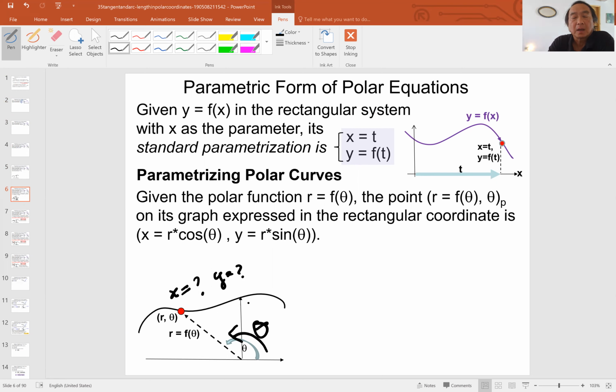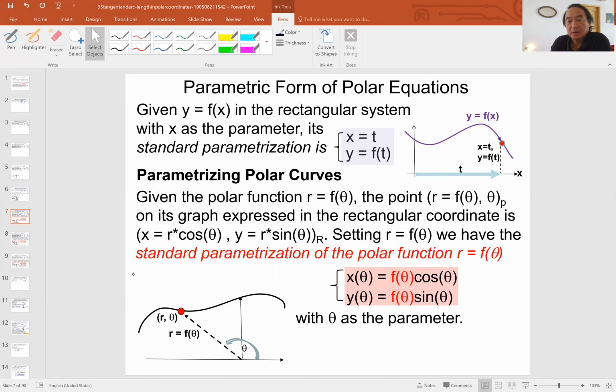In this case, x is r cosine theta, y is r sine theta. So we replace the r by the formula f. Now I get what we call the standard parameterization of polar coordinates for polar functions. That is a formula between r and theta, and the reason we do this is because we're going to take derivatives.